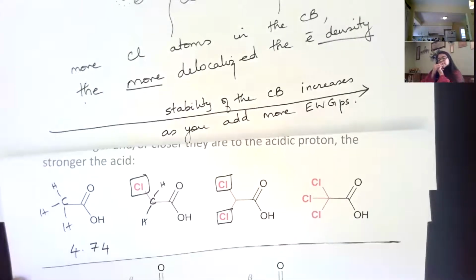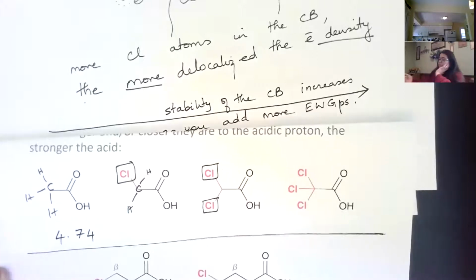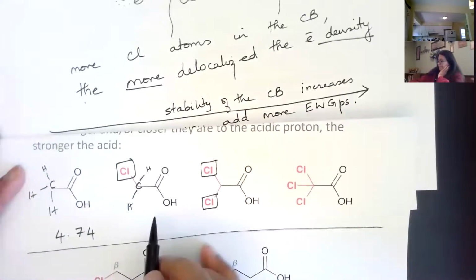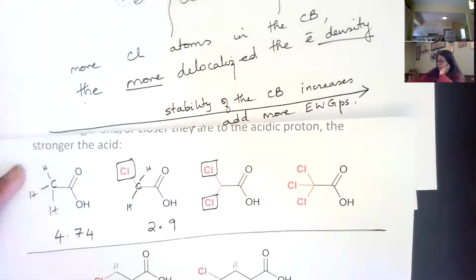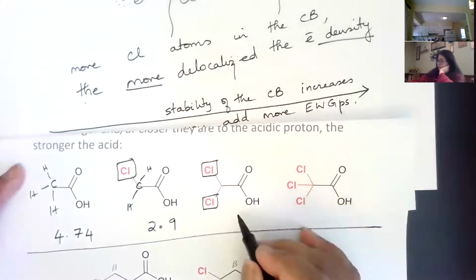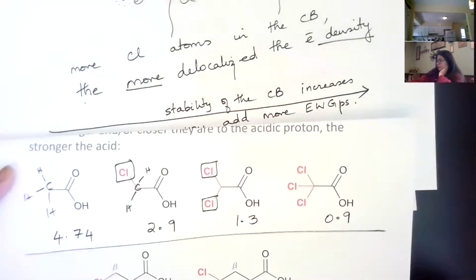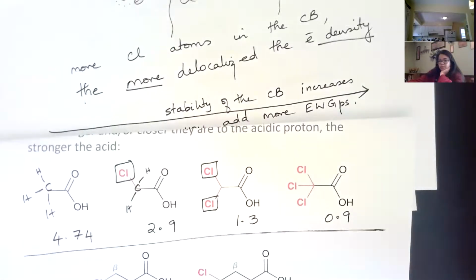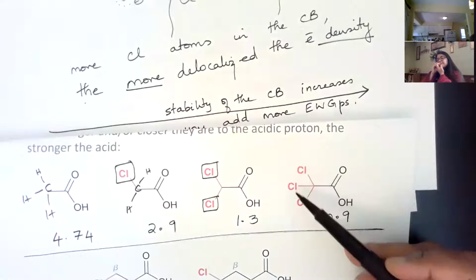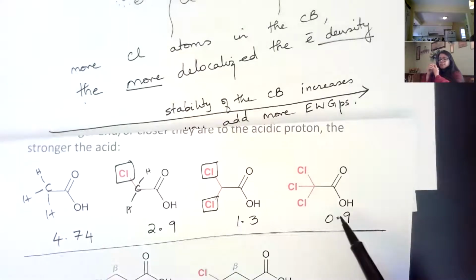Okay, that's acetic acid. This decreases to 2.9. This decreases to 1.3. This is 0.9. See that? So although it's an organic acid, its pKa decreases considerably with the electron withdrawing groups. Now, if you had fluorine here, it would be even lower than that.